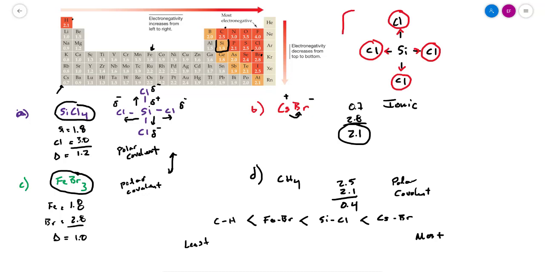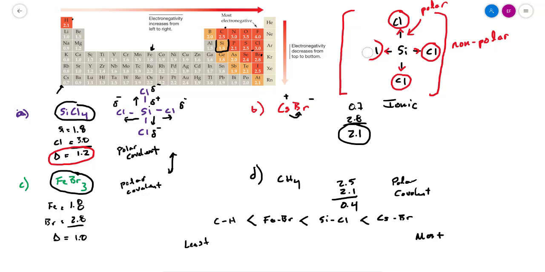So the molecule as a whole is a non-polar one. Even though the individual bond is certainly polar, it's pretty significantly polar because it's got this delta of 1.2, it's a symmetric molecule, which means the pull away is equal and opposite, and it makes it nonpolar.